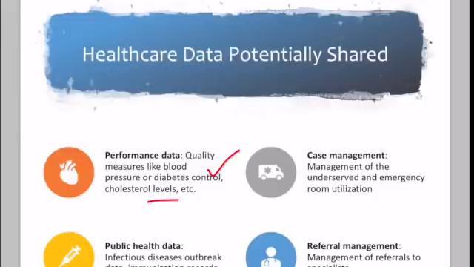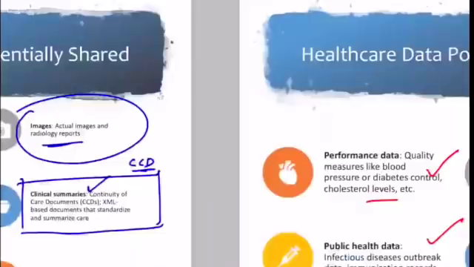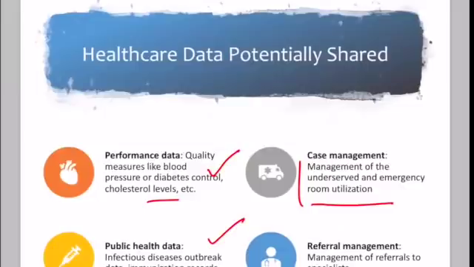Case management information, public health data about immunizations, infectious diseases, and outbreaks, and referral management information. These are the main examples. We can have other kinds of data to share among different organizations based on their needs.